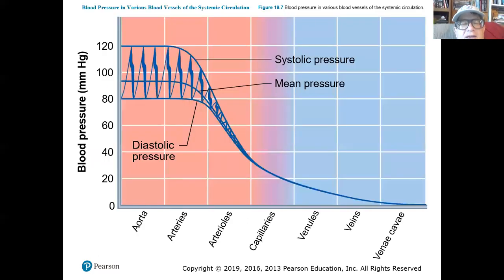What we're saying is, as we move through the arteries, the spike with every heartbeat gets less and less, and what we're left with is this mean pressure, the pressure that's always there. Why is this happening? Because as you move away from the heart, what you have left is the aorta trying to return to normal size.